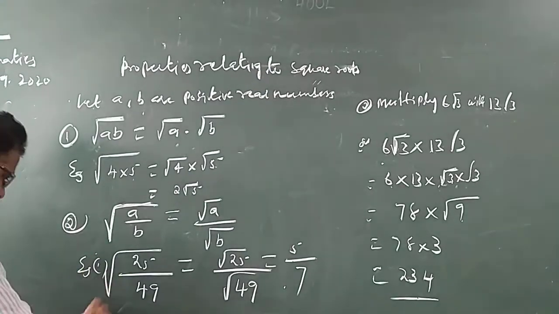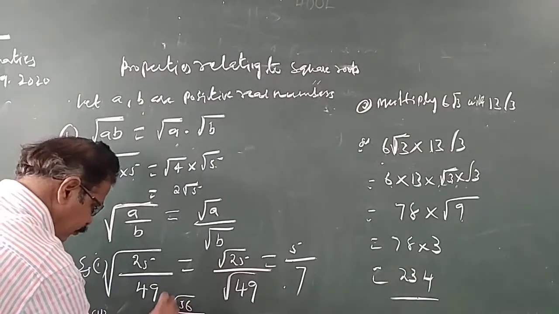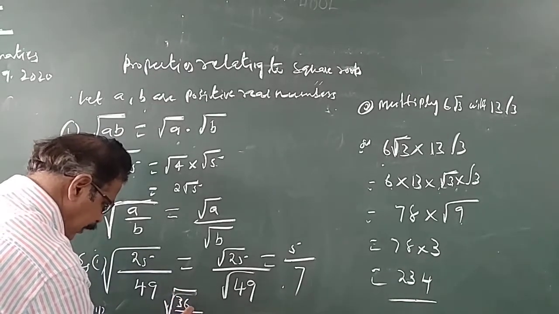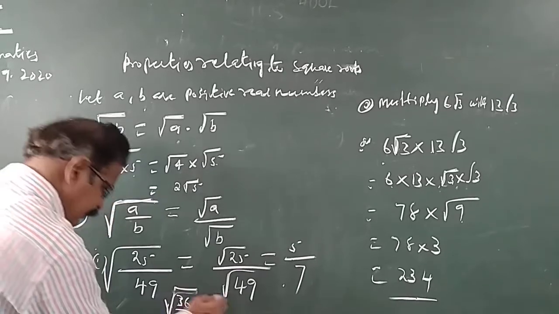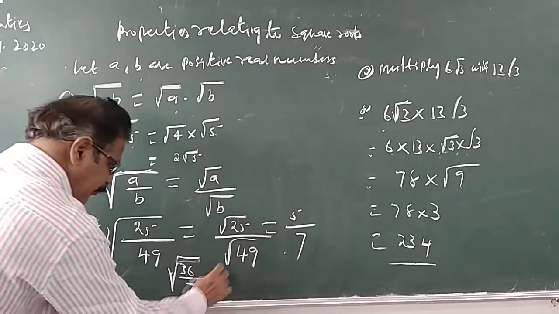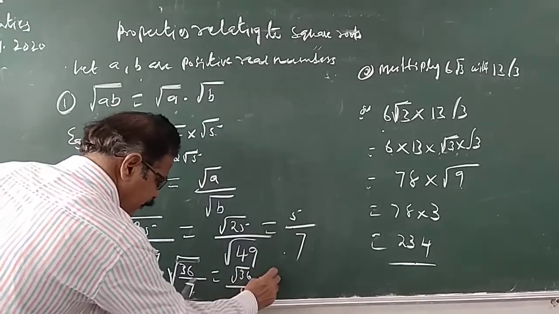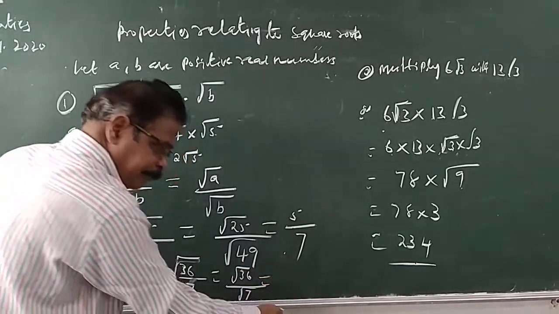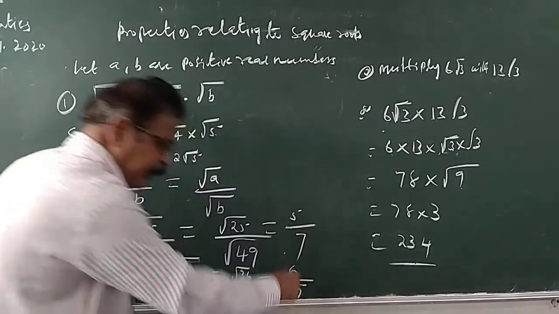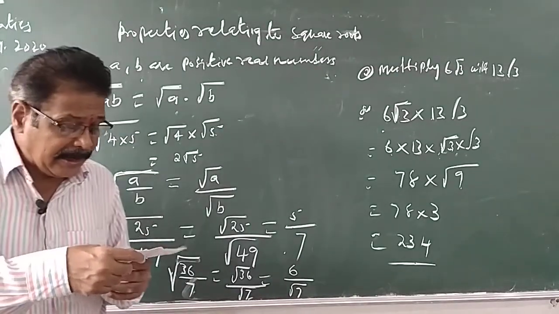One more example: the square root of 36 by 7. Write it as square root of 36 by square root of 7. The square root of 36 is 6, and the square root of 7 we don't know, so keep it as it is: 6 by root 7. This is the second law.